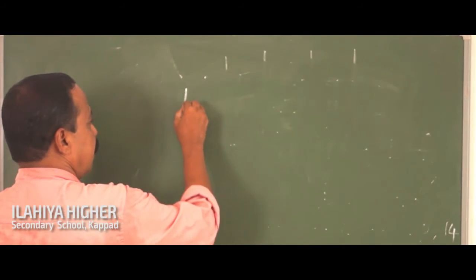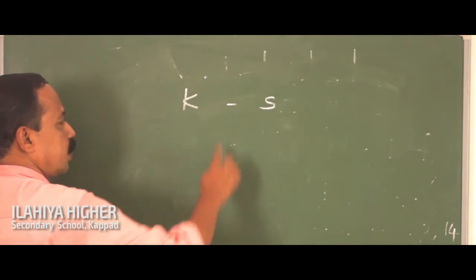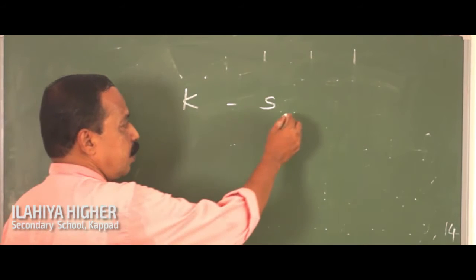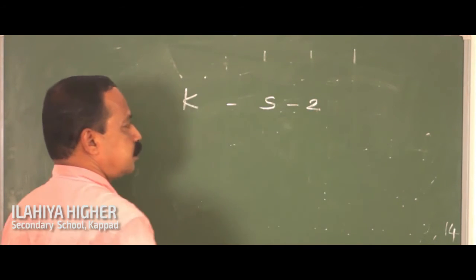K shell, S subshell, maximum number of electrons 2.